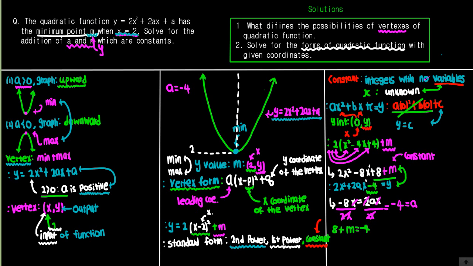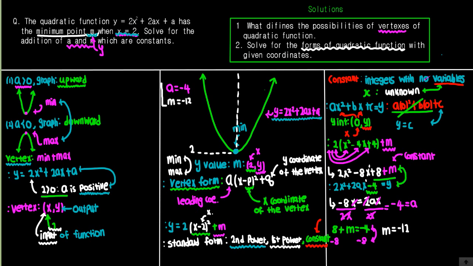And then in order to isolate our m term, all we have to do is subtract 8 from both sides, and we get our answer: m is equal to negative 12. But we are not done yet. Our m value was negative 12.